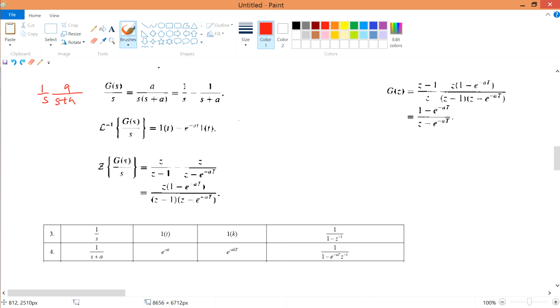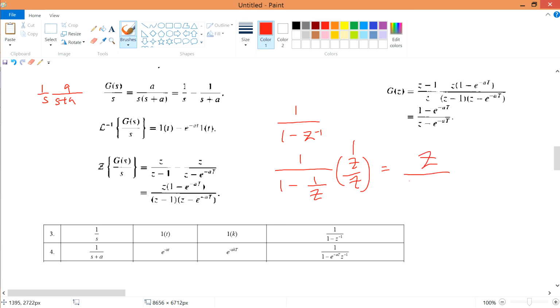Okay, how do we do this? Since we know that the Z transform of 1(t) is 1 over 1 minus Z to the minus 1, I just want to prove to you that in the end it will become Z over Z minus 1. 1 minus Z to the minus 1, where Z to the minus 1 is just 1 over Z. You multiply everything by Z over Z, because it's just simply rearranging, taking it as 1. This whole thing is still 1, so you're just rearranging your stuff.